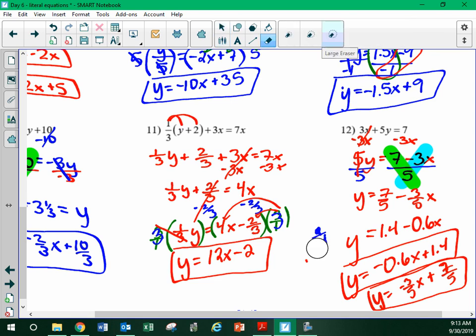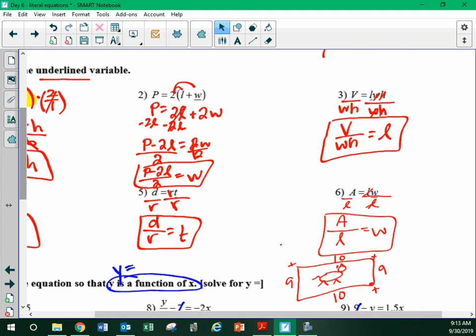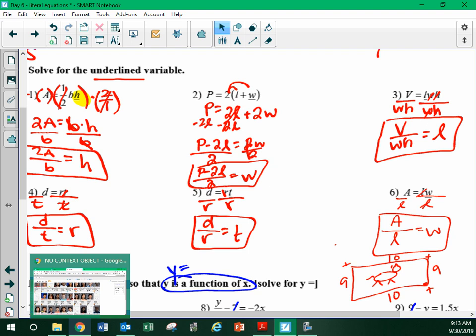Okay. So again, let's go ahead and just recap real quick. We have 2 different types of literal equations. The top half is when it was just mainly letters. We have to distribute, but then we're going to get rid of any adding or subtracting first, and then get rid of multiplying and dividing.